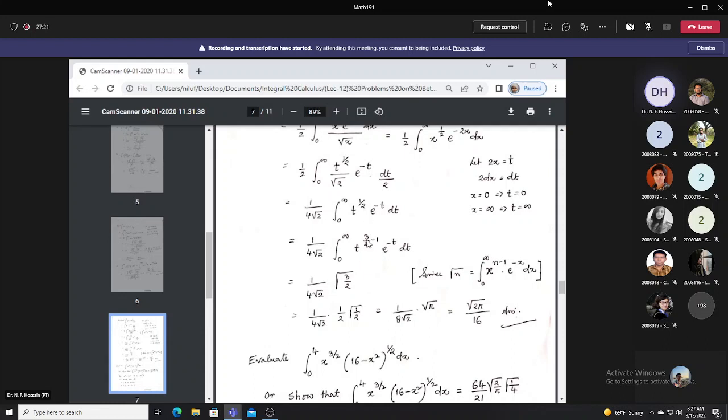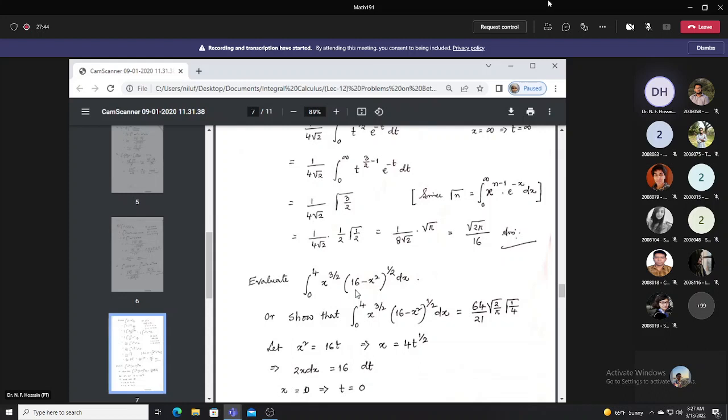So in place of n you have 3 by 2, and here we can easily use the definition of gamma function, which is integral 0 to infinity t to the power n minus 1 into e to the power minus t dt, which is nothing but gamma n. In place of n you have 3 by 2, so this is 1 by 4 into root 2 into gamma 3 by 2.